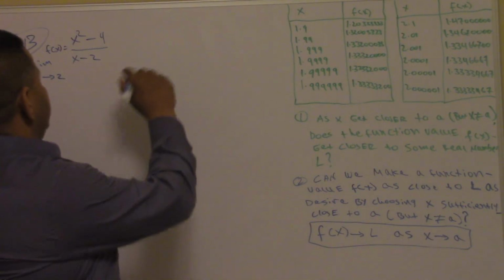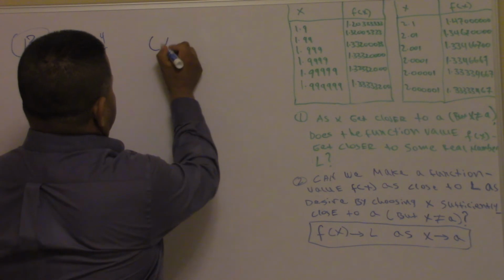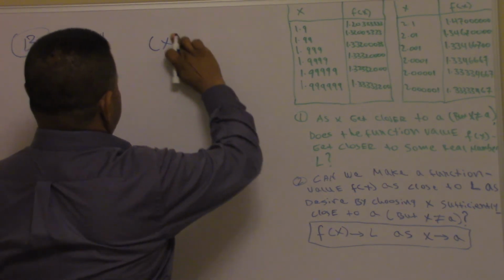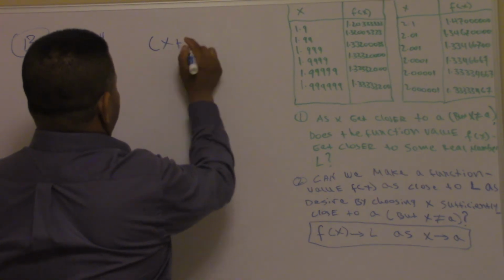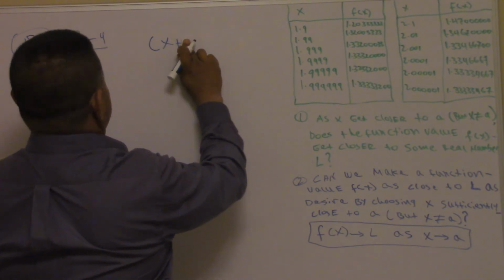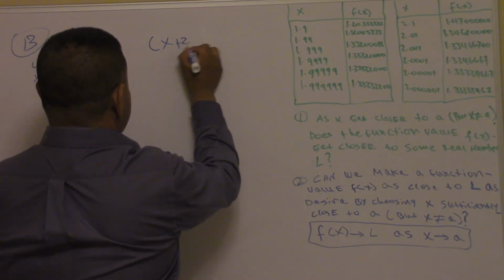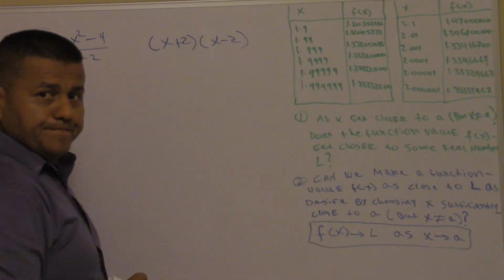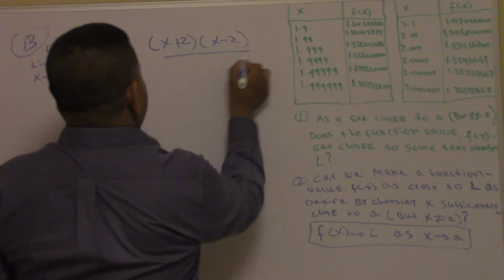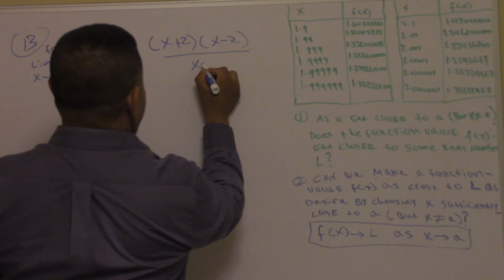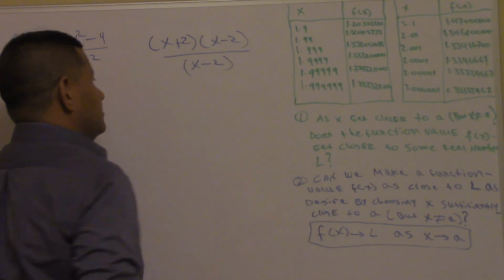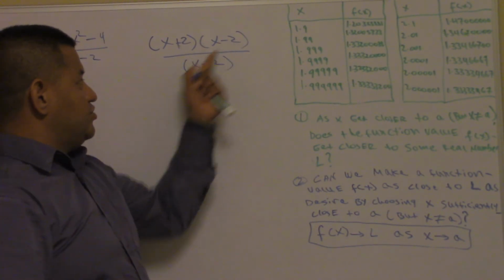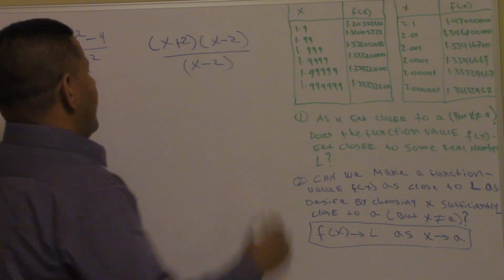If I factor the top, I get x plus 2 times x minus 2, and I'm going to put x minus 2 in the bottom. Now I have two like factors.